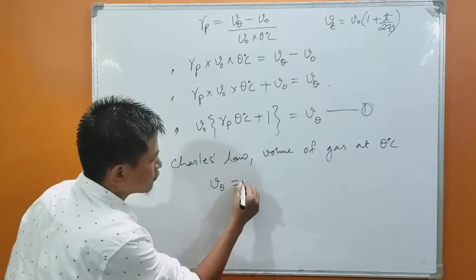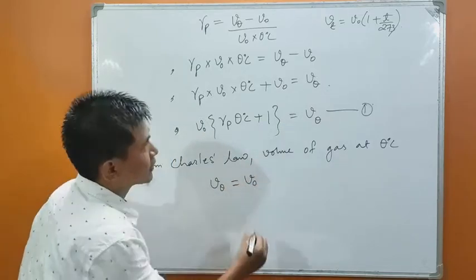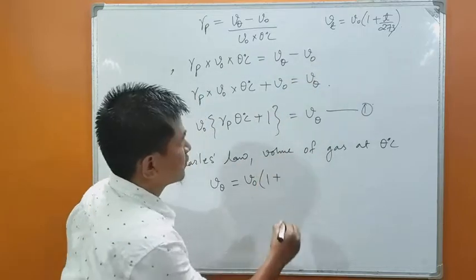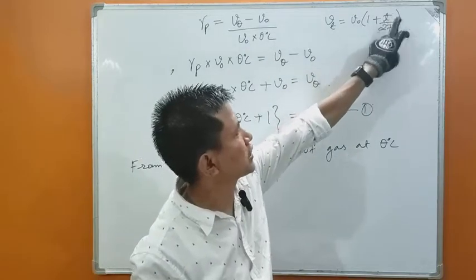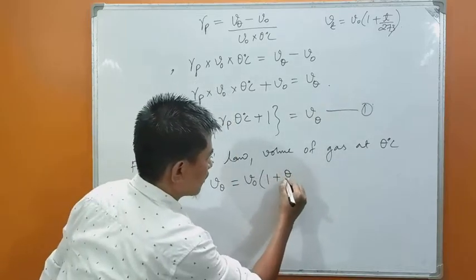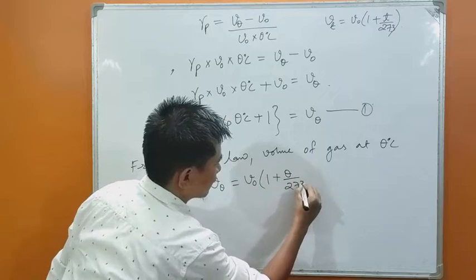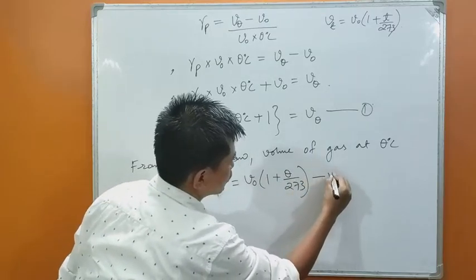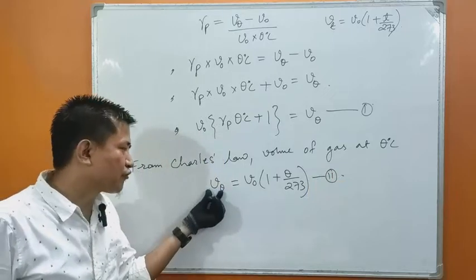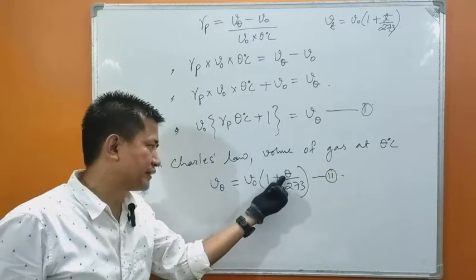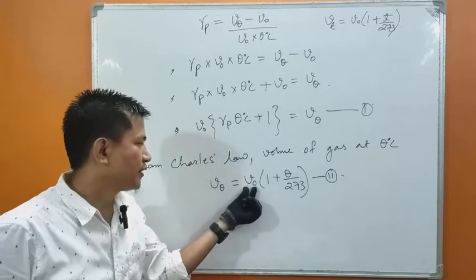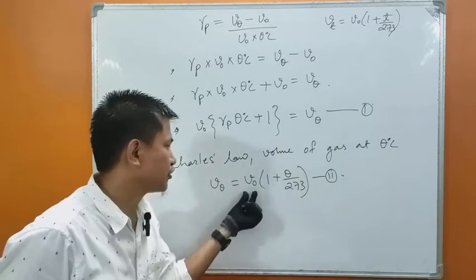V theta equals V0 into 1 plus theta upon 273, where here was T and now we have temperature theta. Got my point? This is equation 2. This is the equation of Charles' law. The volume of gas at temperature theta degree Celsius is V theta, and V0 is the volume of gas at 0 degree Celsius.